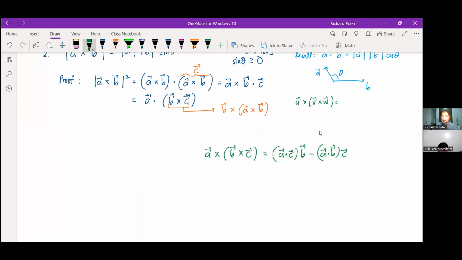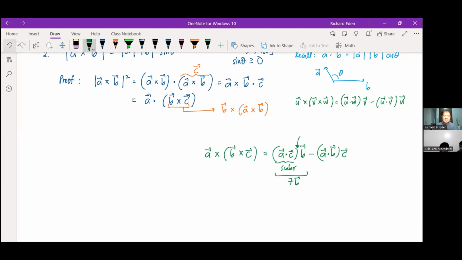So this is going to be U dot W times V minus U dot V times W. Observe that A dot C is a scalar. So halimbawa, if that's 7, then this would just be 7B. So that's why we don't need to put an operation there where the arrow is pointing, because that's just scalar multiplication.